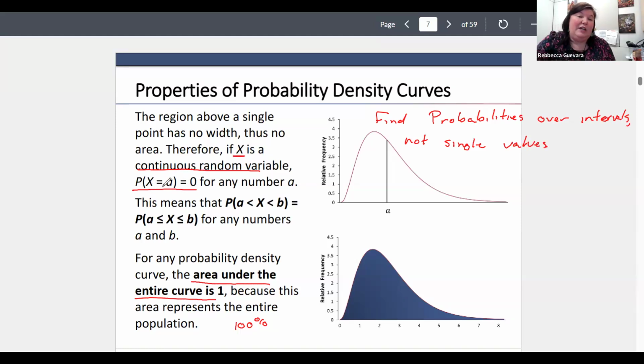Also, if I look at a particular point, like just at A, if A was 3, what's the probability of 3? It's just going to tell me 0 because I have no width to this area.